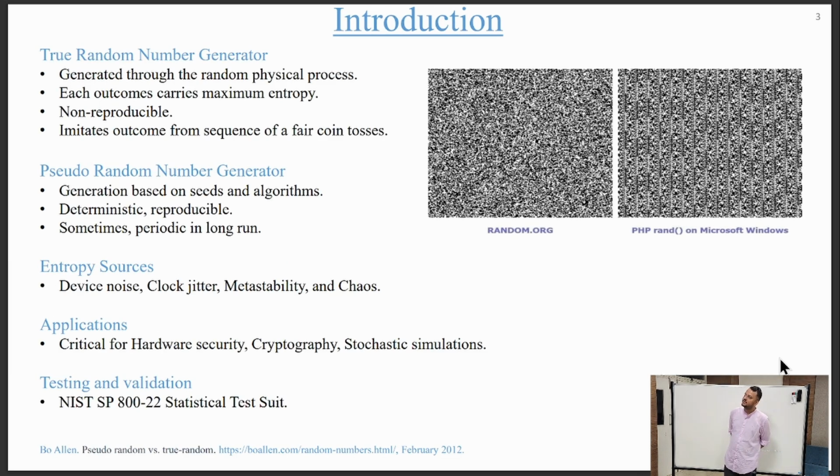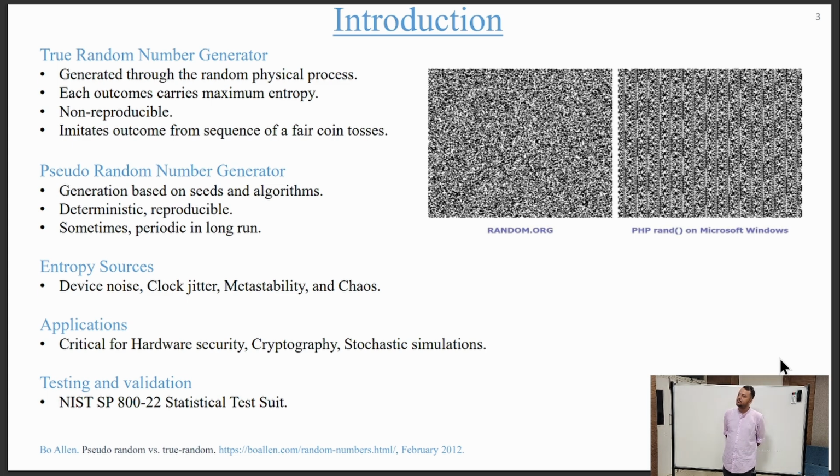So true random number generators are supposed to generate independent, non-reproducible outcomes, and for that entropy should be maximum, and it's basically imitating a fair coin toss. It is very different from a pseudo random number generator that is usually used in many computers.